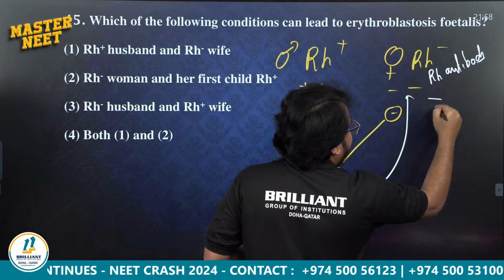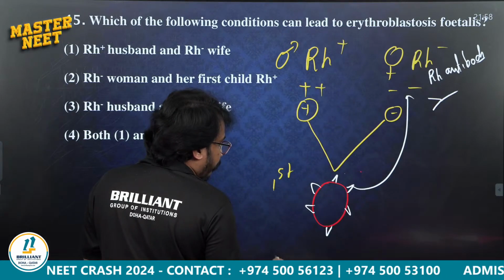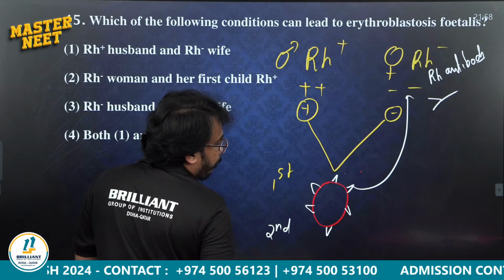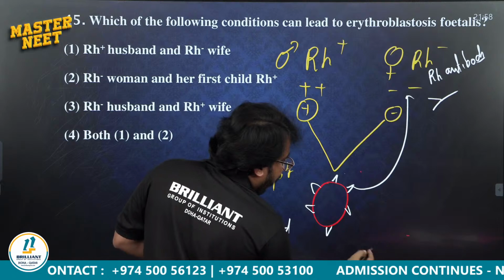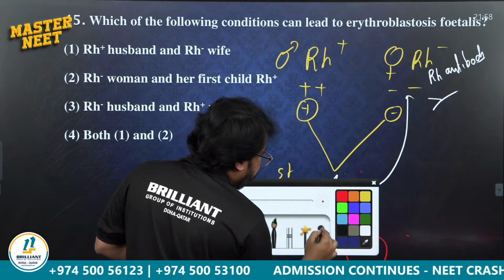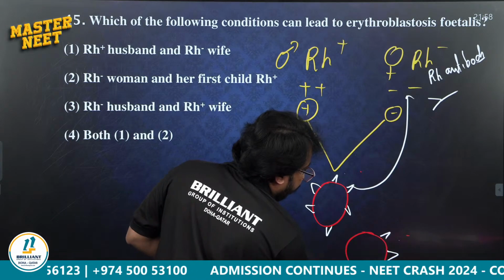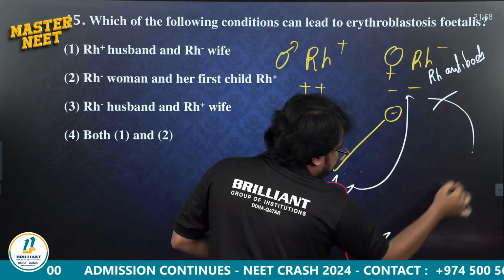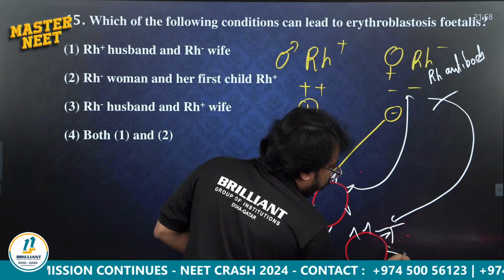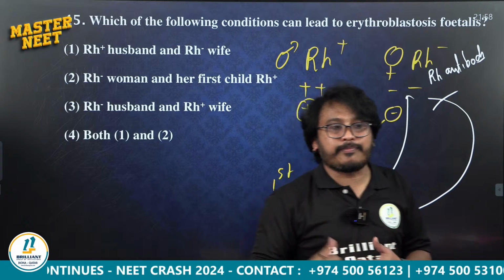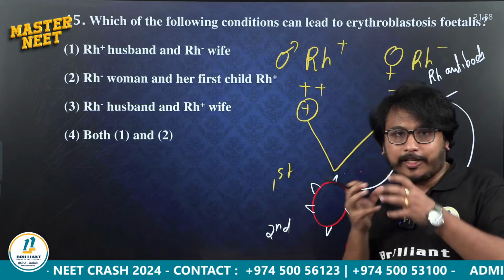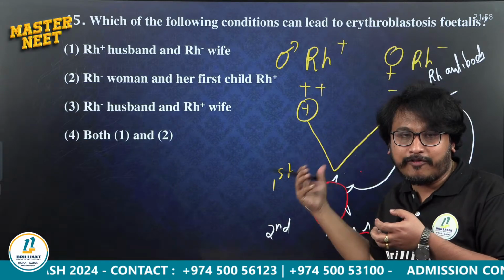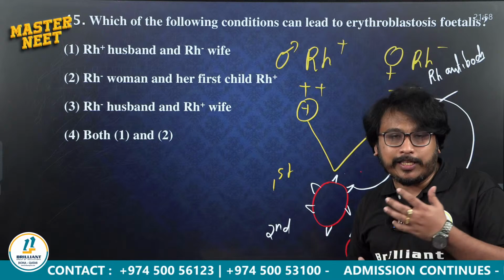When these Rh antibodies are produced, the first child has no problem, but the second child will have the problem, because the RBC has the Rh antigen. The antibody comes and attaches to it and starts bursting the RBC, leading to erythroblastosis, and it can lead to the death of the child.